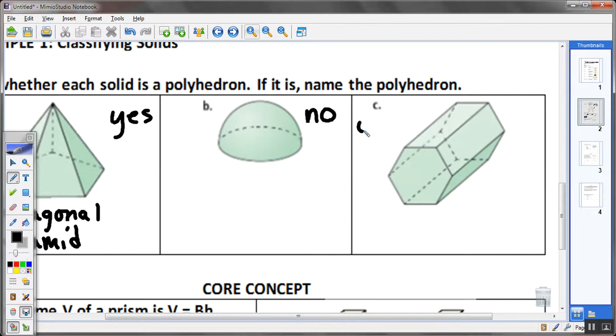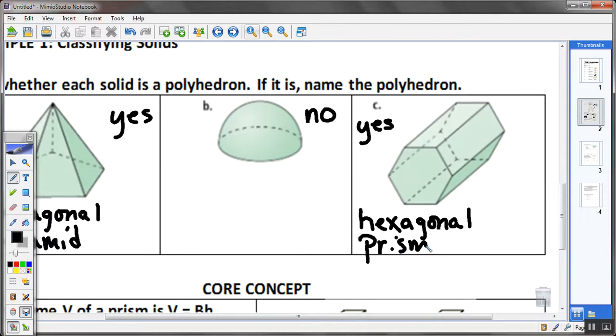Prism. This one is a prism because all the faces don't meet in one point. So what shape would classify that prism, I guess? Hexagon. Yeah, a hexagon. The two sides that are parallel and congruent to each other, the front and the back. Hexagon, 6 sides, right? So hexagonal prism here.